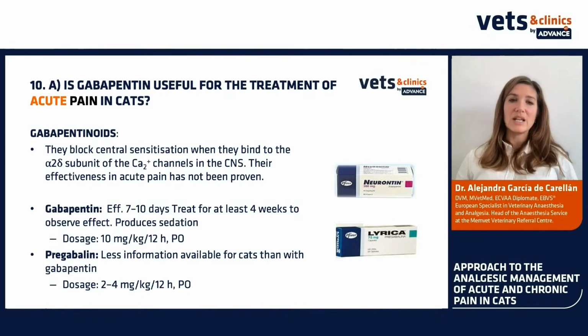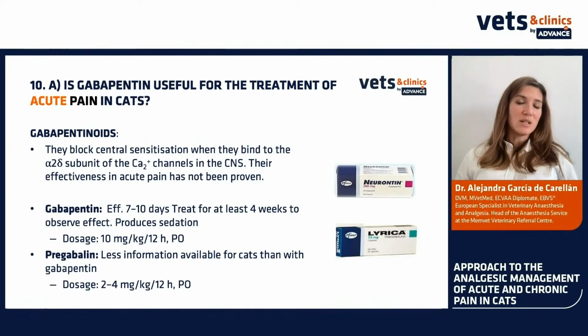You need at least 1 week to 10 days to see an effect from this drug. So in acute pain it's obviously really difficult, because acute pain shouldn't be that long. What is recommended for chronic pain states is to give a trial of 1 month to observe the effect.